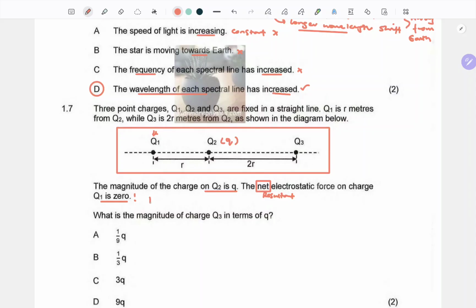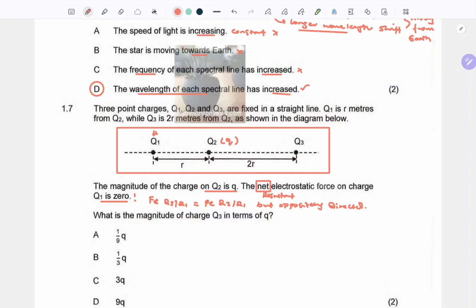So basically, this means the electrostatic force of Q3 on Q1 is equal to the electrostatic force of Q2 on Q1, but oppositely directed, for them to cancel each other out to 0, because remember, the resultant force is just the summation of the two forces, but because of the opposing directions of action, they may cancel each other out, or essentially add to each other.